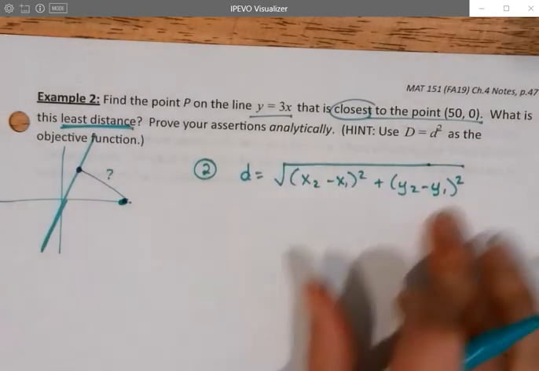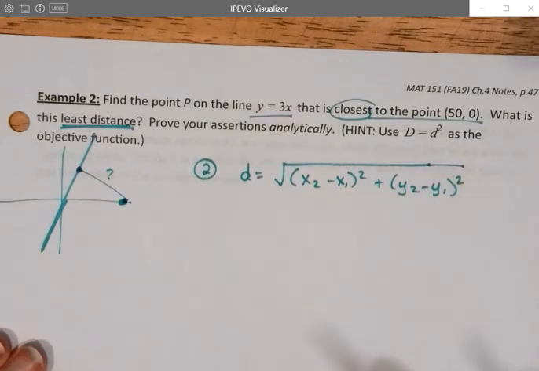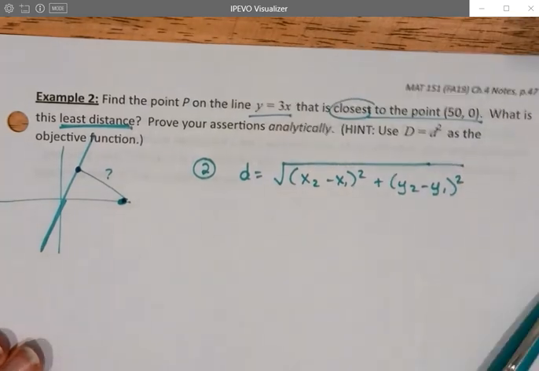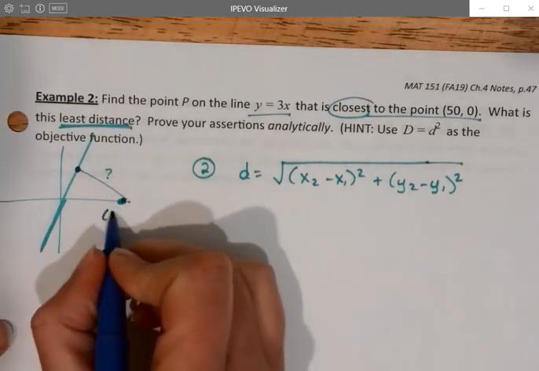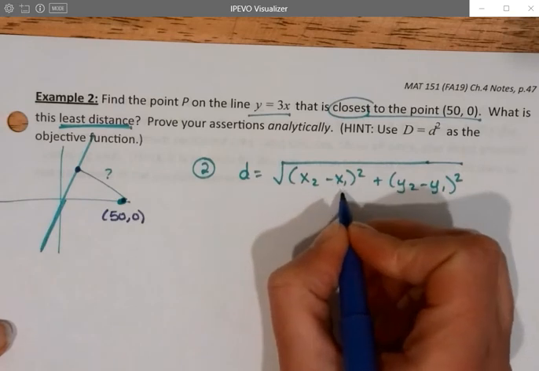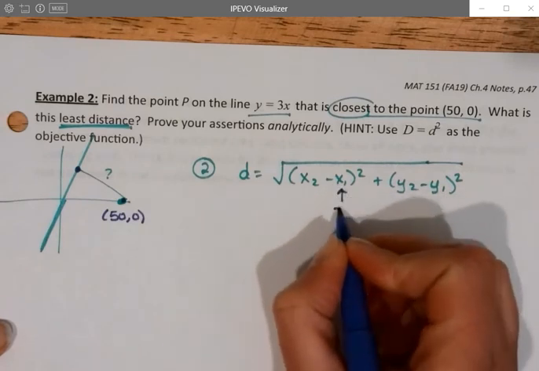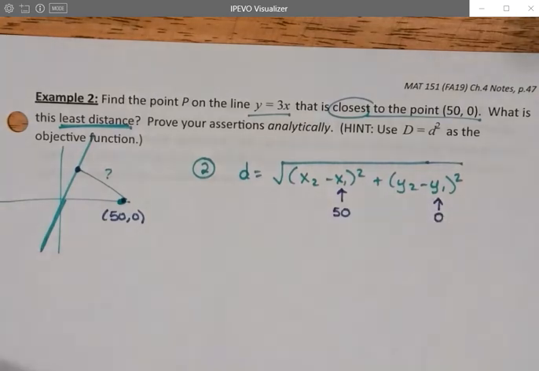So we're going to start modifying that with some constraints. The first thing that I would probably put in there before I even talk about constraints is that this point right here is specifically (50, 0). So I'm not looking for any ordered pair. I'm looking for specifically comparing this to (50, 0). So we're going to put (50, 0) in there for x1 and y1.